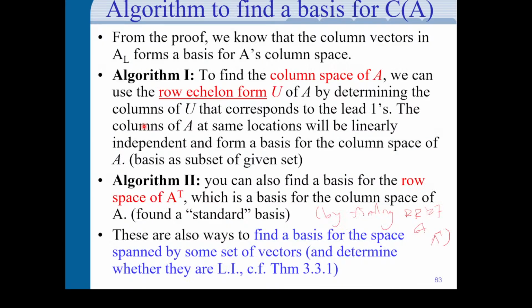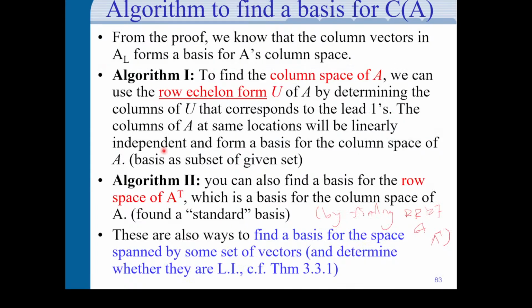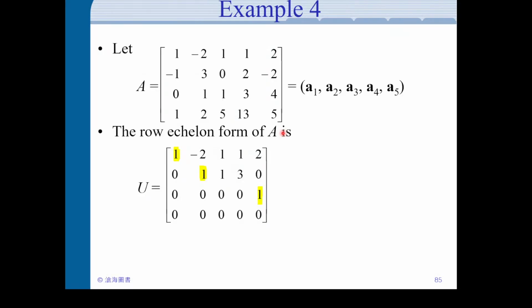And if the number of leaf variables doesn't equal the number of columns, then we know that there are some linearly dependent columns from this algorithm 1. Okay. And yeah, so this is our algorithm to find the column space. You do Gaussian elimination once again.